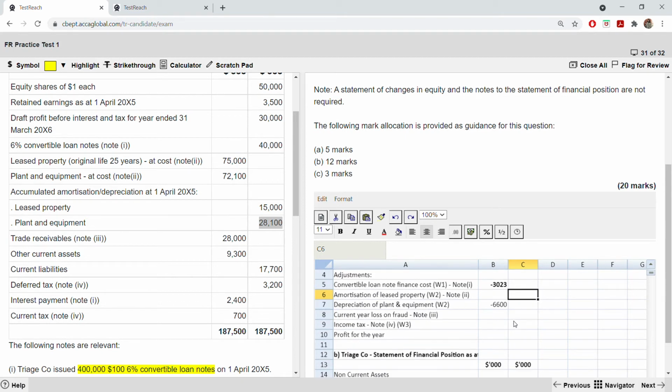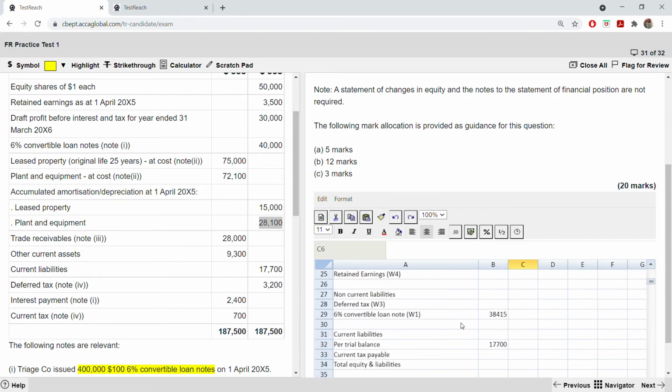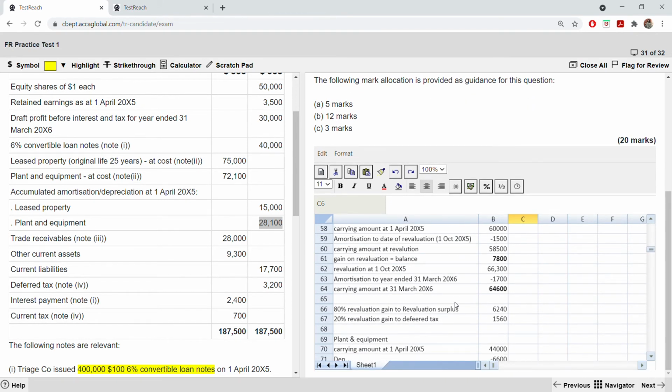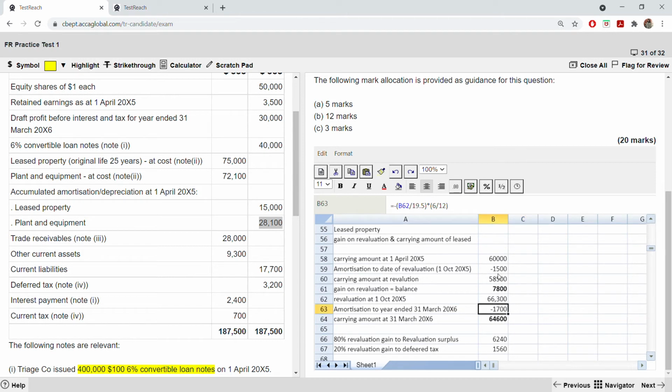Next, the amortization. How much was the amortization? Here you need to be careful. When you're going to amortization, not only this, you have to add this also. Both this amortization, 1500 plus 1700.